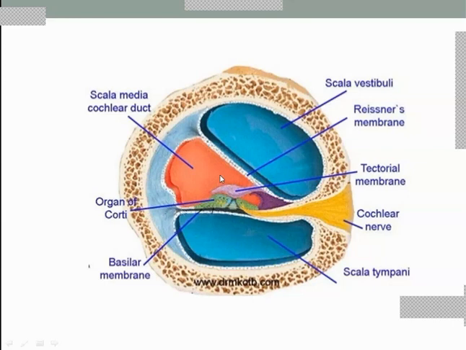Perilymph and endolymph are not in continuation, but on auditory or vestibular stimulation, a little amount of perilymph will enter into the endolymphatic cavity. This results in electrical disturbances that result in a stimulus or action potential, which is conducted along the cochlear nerve. That is the way hearing is being conducted.